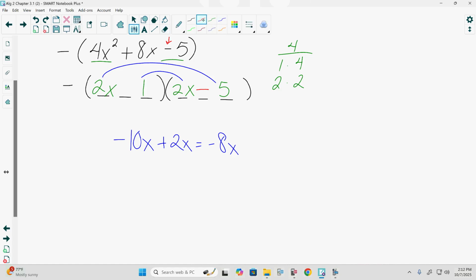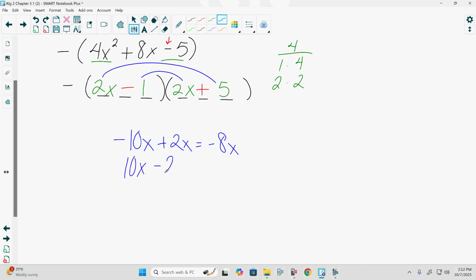Here, I did not flip the signs. I just rewrote them. We can flip the signs. Here we could have switched the 1 and 5. That would have worked too, but I'd rather just switch the signs. Because now 2x times 5 is positive 10x.